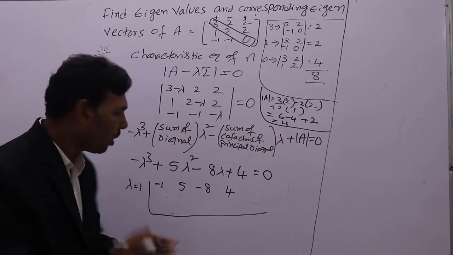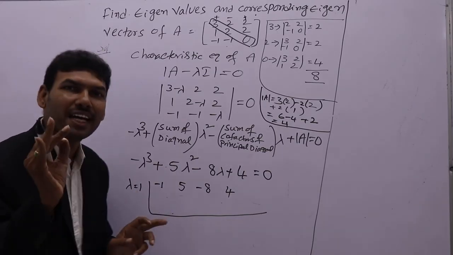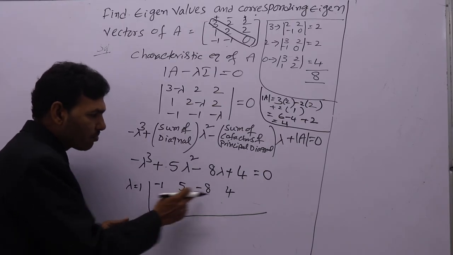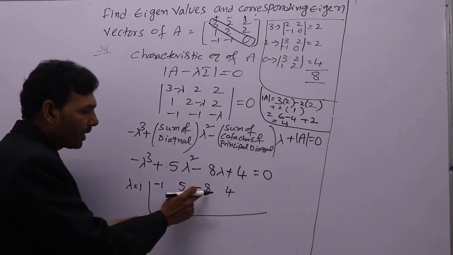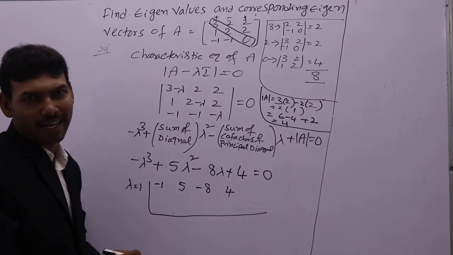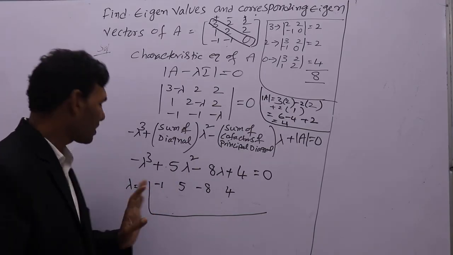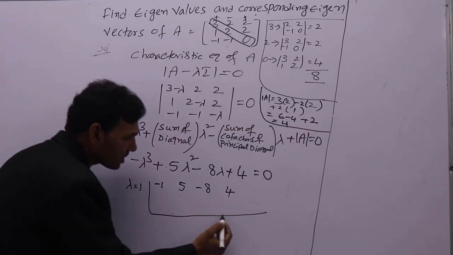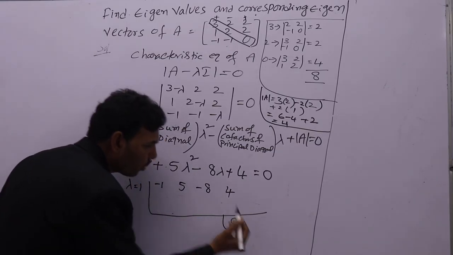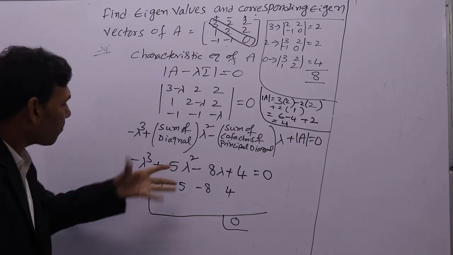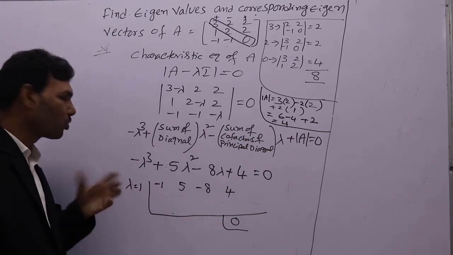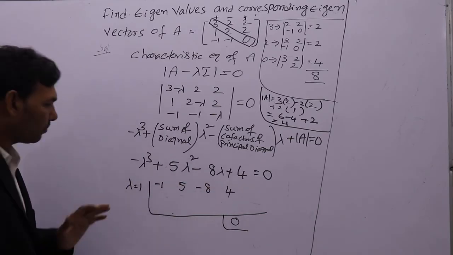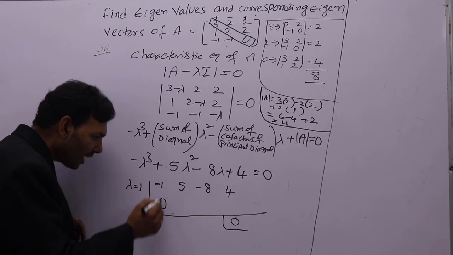If you get 0, lambda equal to 1 is definitely a root. Plus terms: 5 plus 4 is 9. Negative terms: minus 8, minus 1, minus 9. 9 minus 9 is 0. That means lambda equal to 1 is definitely a root. Definitely a root means finally here you have to get 0. So I am explaining synthetic division to find roots. First write the coefficients. Next try with 1 by writing 0. Add these two.